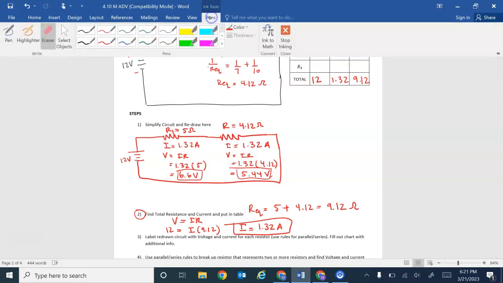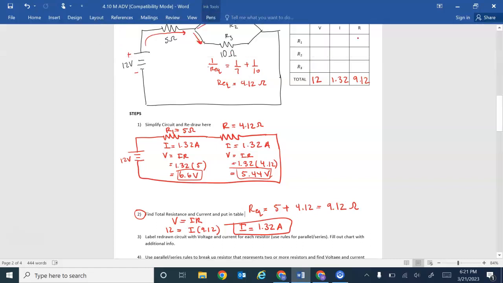I labeled this in the wrong column. Sorry about that. So the resistance, again, this is 5, this is 7, and this is 10. Okay, everything else looks good. So the voltage drop for R1 is going to be 6.6, and then the current is going to be 1.32. Okay, got that right now.